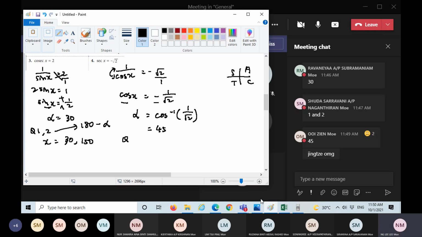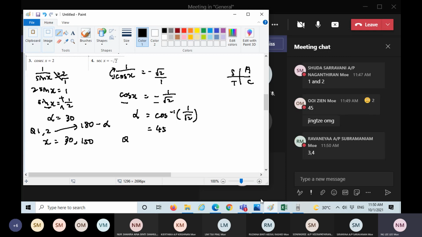Come back to you already so fast. Ravania. Okay, 3 and 4. Let me check. 3 and 4, correct? I don't think so. Means 1 and 2 is positive for cos? No lah.